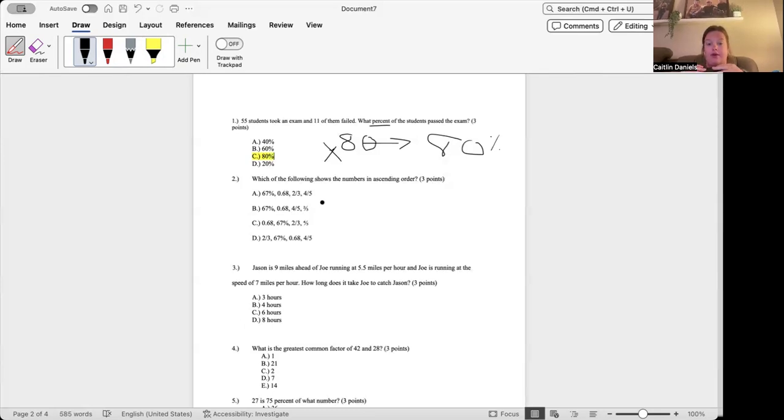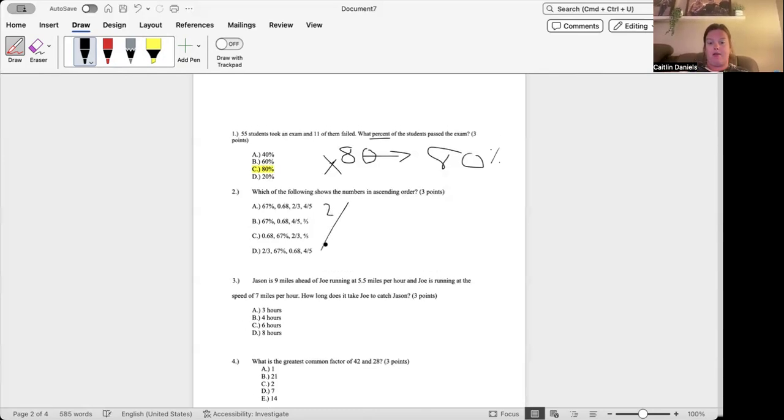And then 2/3, to convert 2/3 into a percent, we're just going to do 2 divided by 3. We're going to pretend the fraction right here is the division. So 2 divided by 3 is 0.66666. So we're going to do 0.66, and then it repeats right here. And that's going to go to 66% because we got the two numbers right here.